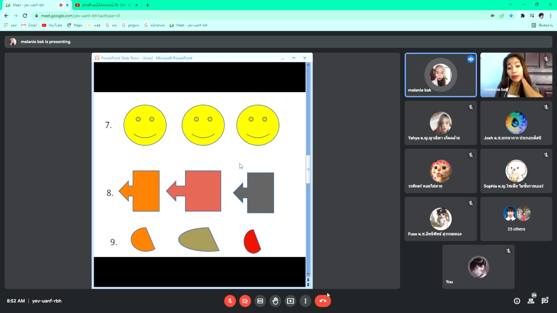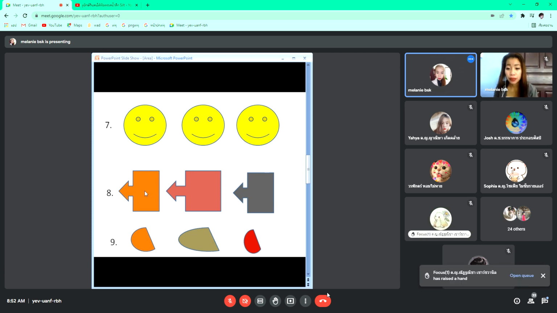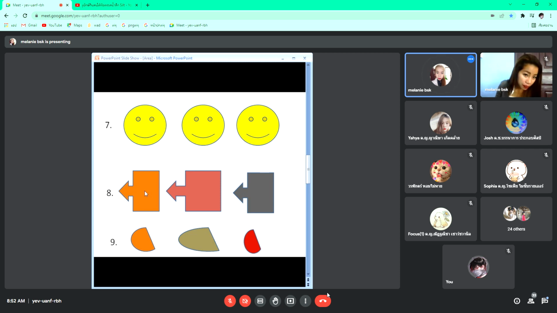Okay, how about number 8? Anybody? Which letter occupies the biggest area in here? B. How about the smallest area? Smallest area.